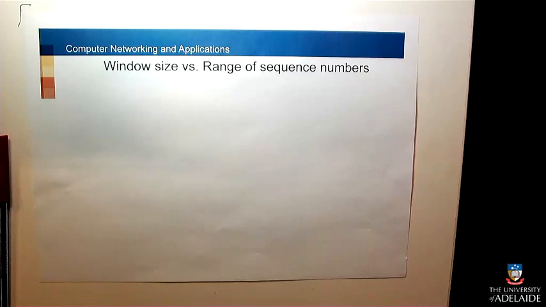I gave you some hints and an example, and I told you to think about what window size you need if you were implementing Go-Back-N. So what was the window size you guys used for Go-Back-N? 6, okay.